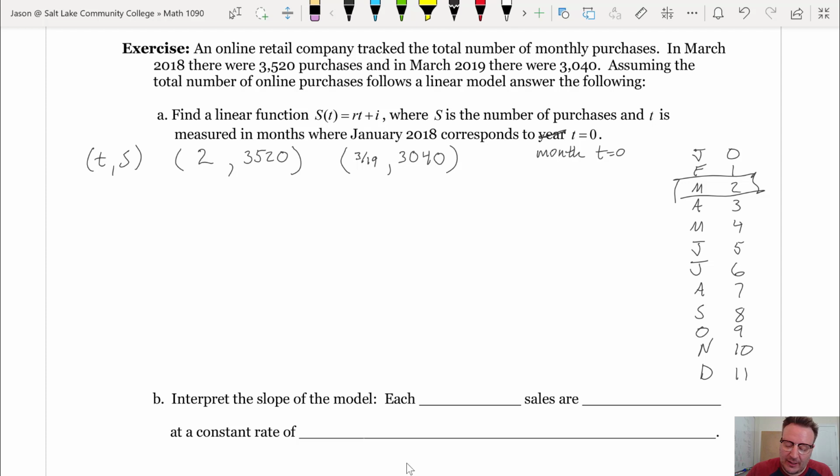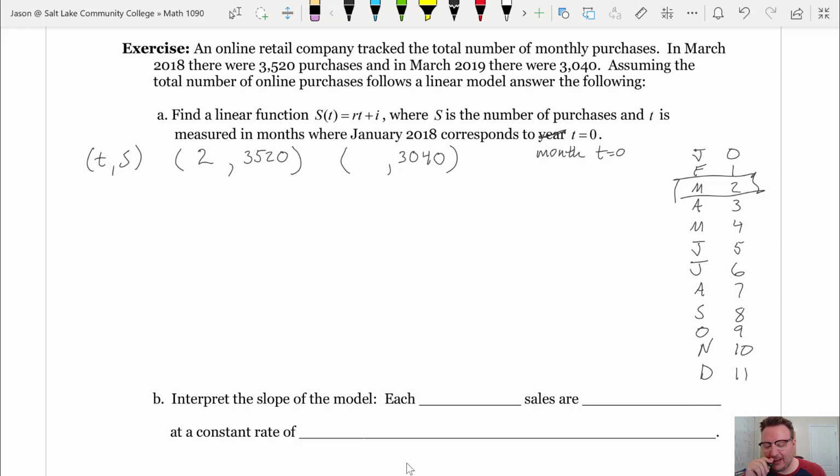So similarly, March of 2019, how many months past January of 2018 is that? Well, that's a whole year. That's 12 months plus another 0, 1, 2, right?